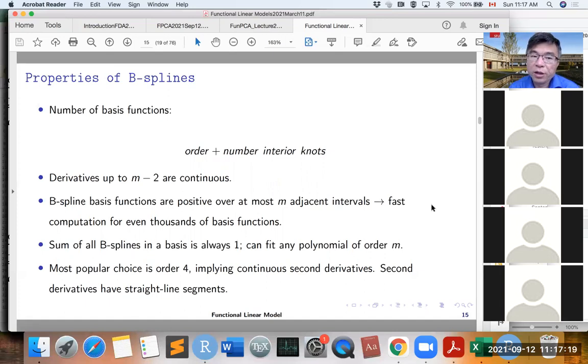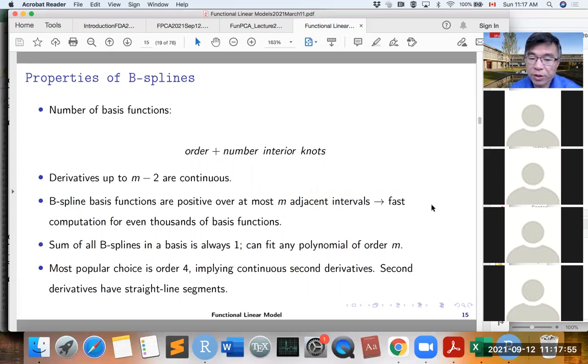The derivatives of the basis function up to order m-2 will be continuous. For example, if we choose cubic B-splines, the order is m equal to 4, so up to the second derivative is continuous. Also, the B-spline basis functions are positive over at most m adjacent intervals.